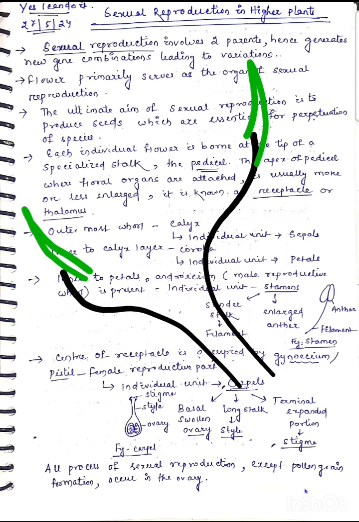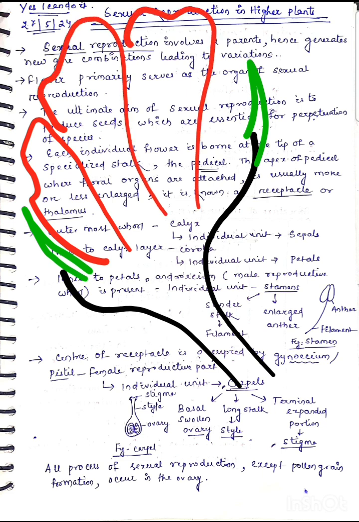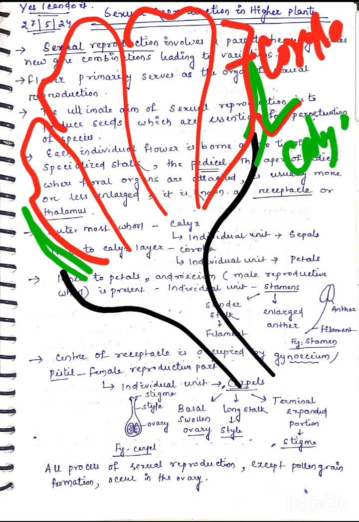The outer whorl is called calyx, then inner to it the corolla whorl is present, which is the colorful part of the flower. So this is the calyx. This colorful part is the corolla. This is the thalamus. This is the pedicel.